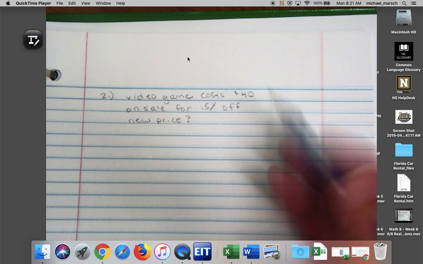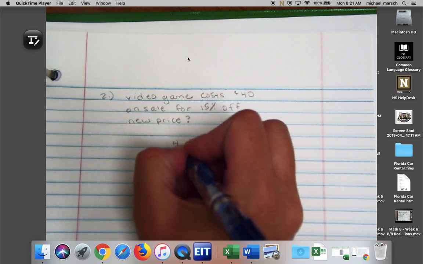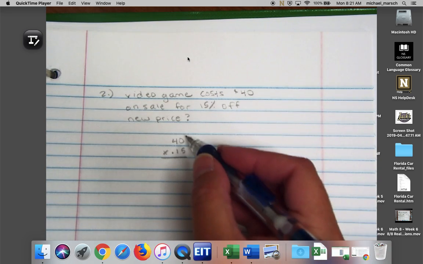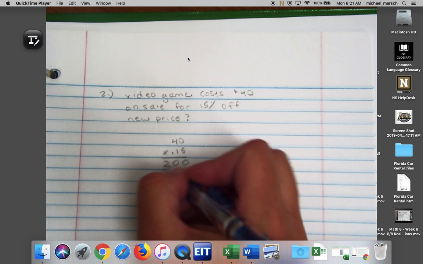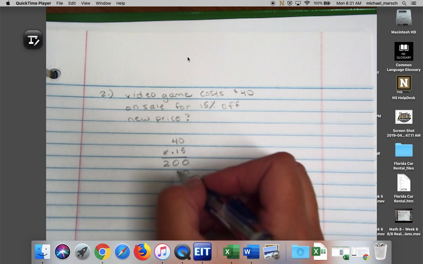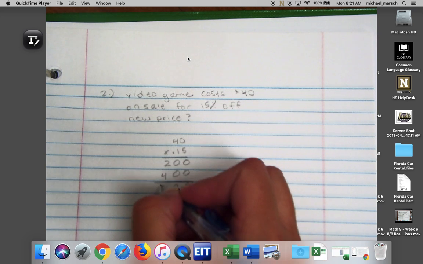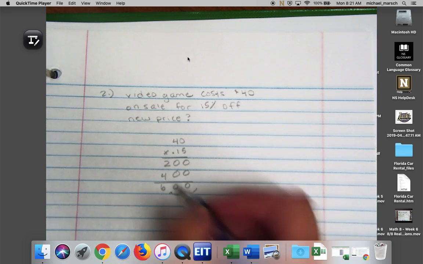Okay, so again, I'm going to take this $40 times 0.15 because it's a 15% discount. 0 times 5 is 0, 5 times 4 is 20, 0 placeholder, 1 times 0 is 0, 1 times 4 is 4. I have 2 digits behind the decimal here, so I need 2 digits behind the decimal here.